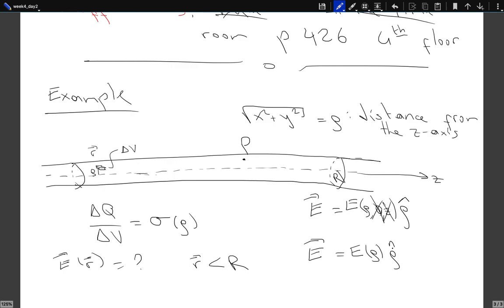The surface over which the magnitude is constant is just a cylinder. So we take a cylinder and close it by two flat surfaces whose area vector is perpendicular to rho hat. I'm looking for a point inside the cylinder, so I will assume my Gauss surface is also inside the cylinder. I will just imagine such a Gauss surface.